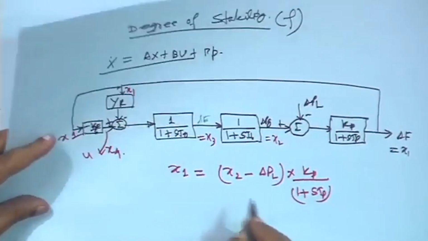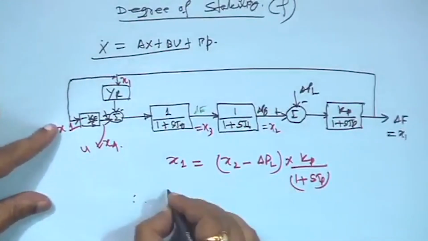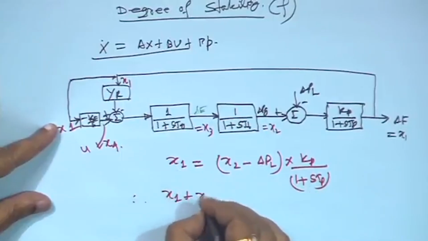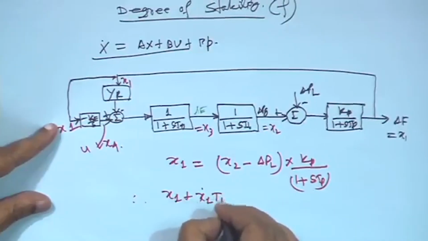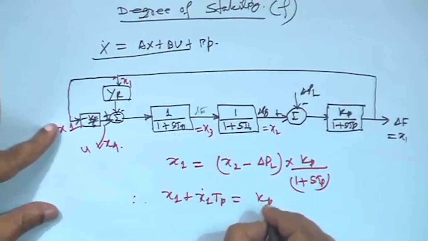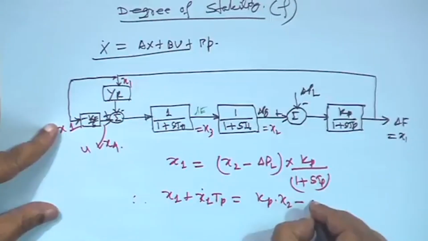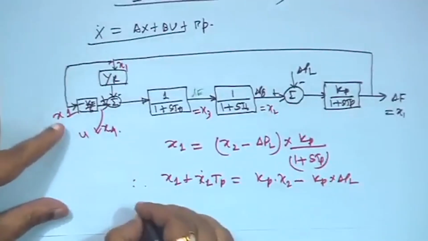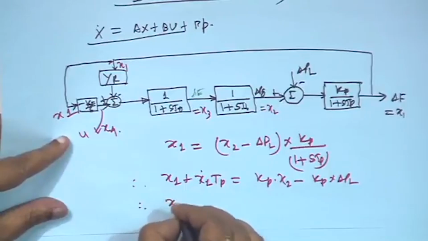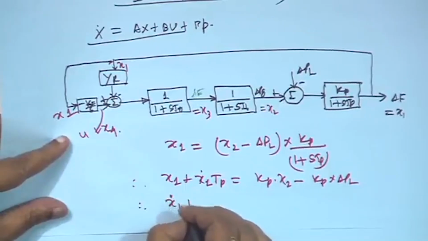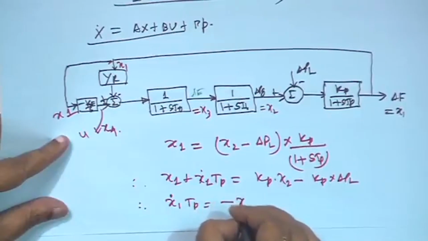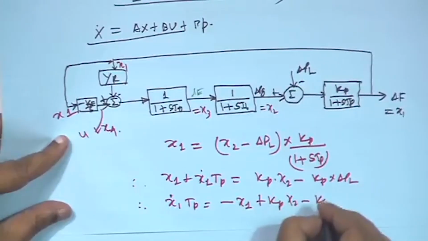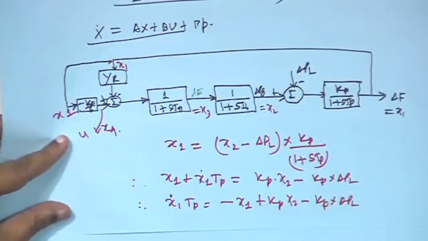So, go for cross multiplication. s into x1 means x1 dot, so x1 dot into TP is equal to Kp into x2 minus Kp into delta PL. That means x1 dot TP is equal to minus x1 plus Kp x2 minus Kp into delta PL.